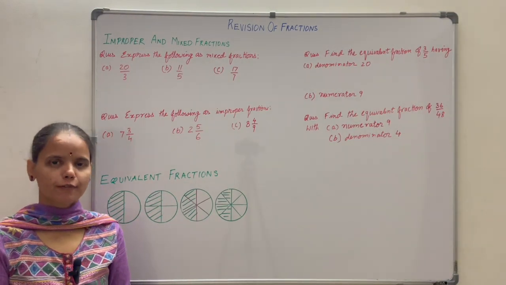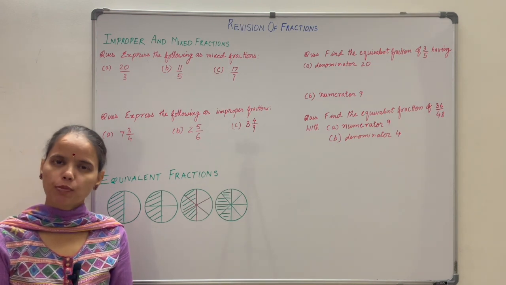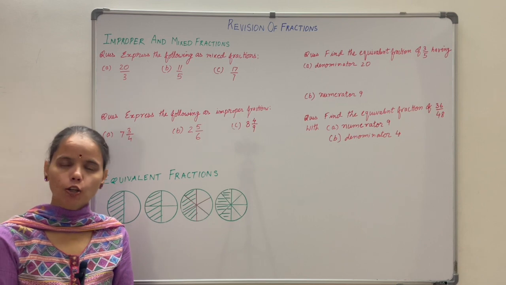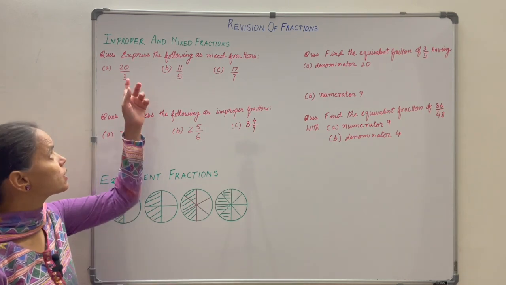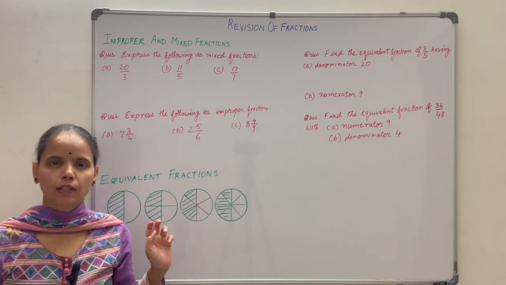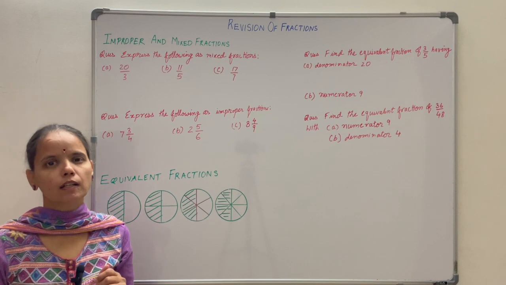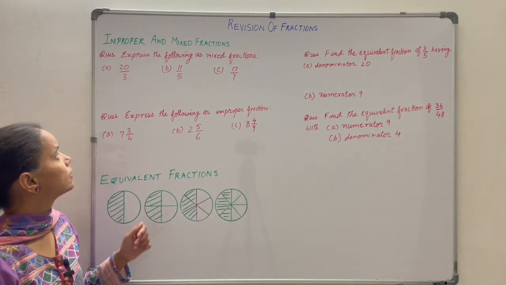Improper and mixed fractions. Improper fractions are the fractions where the numerator is greater than the denominator. For example, 20 by 3, 11 by 5, 17 by 7. In all these fractions, the numerator is greater than the denominator.